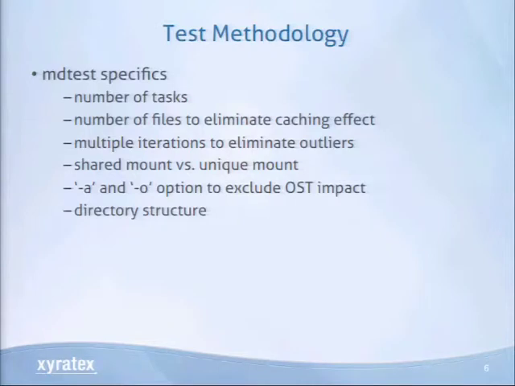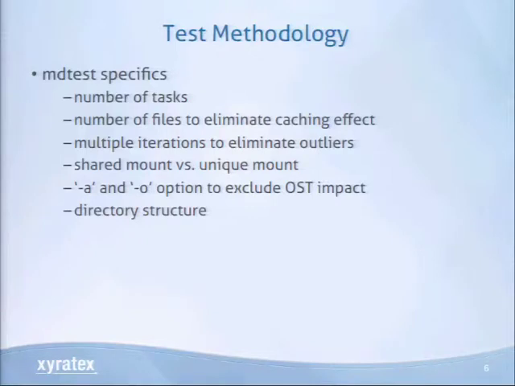The next thing in the methodology is MD-test specifics. MD-test has a bunch of parameters you can tune. The first one is the number of tasks. You want to use a lot of tasks to generate enough load for your metadata server, your MDS. If you have fewer than 100 tasks, you won't see a better performance number.